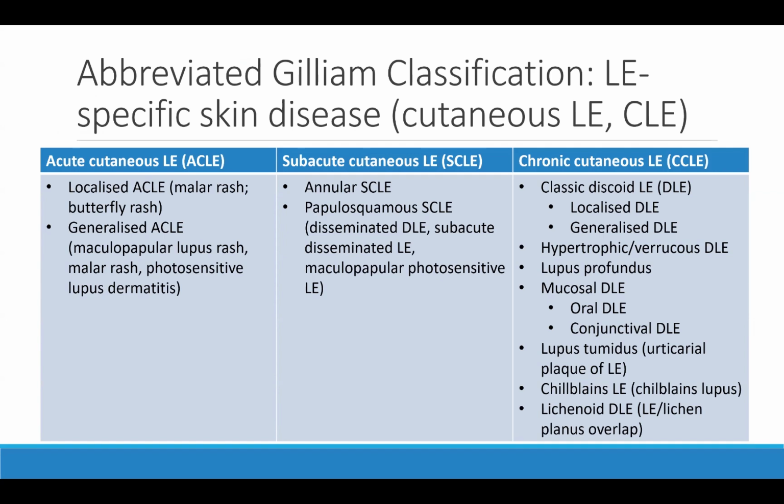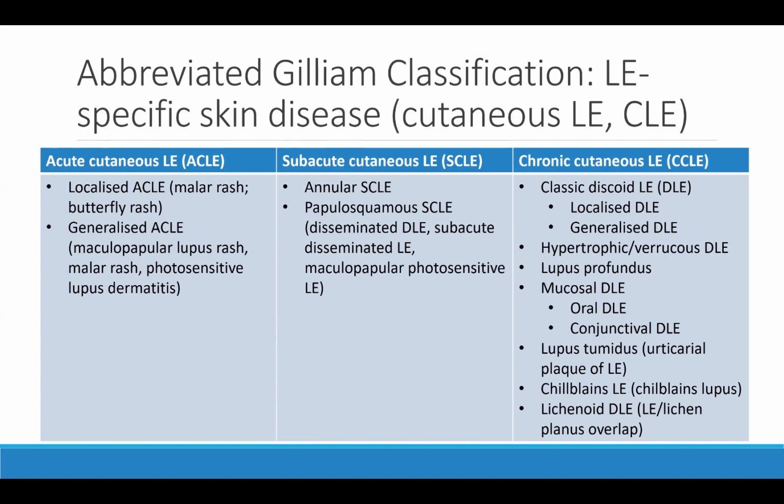We first look at LE-specific skin disease. This is further divided into 3 categories: acute cutaneous lupus erythematosus or ACLE, subacute cutaneous LE or SCLE, and lastly, chronic cutaneous LE or CCLE.